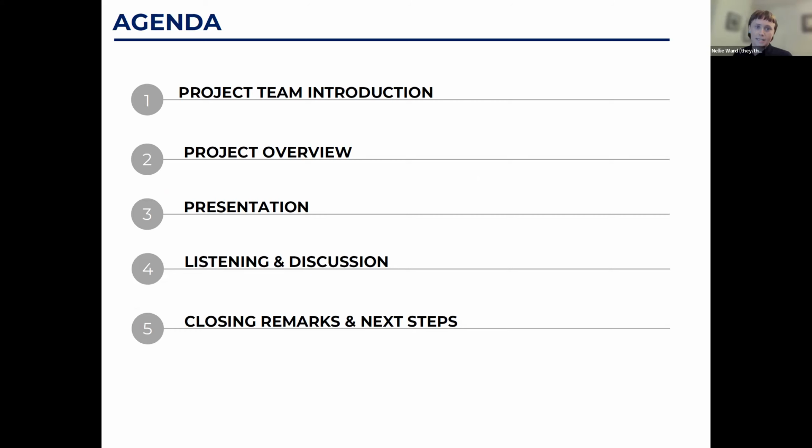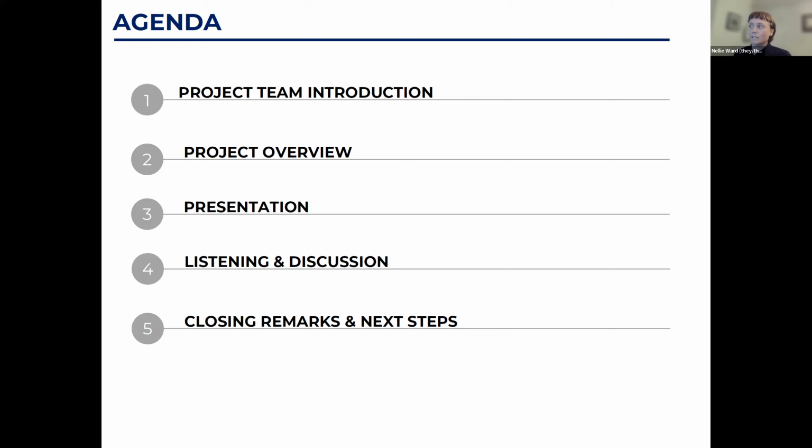So now onto the project. We're going to introduce the team, and then we'll go through an overview of the project schedule. Our design team will go through a presentation summarizing the feedback we've heard so far and the evolution of the design over time, incorporating community feedback along the way. And finally, we'll go over the final design for the park.